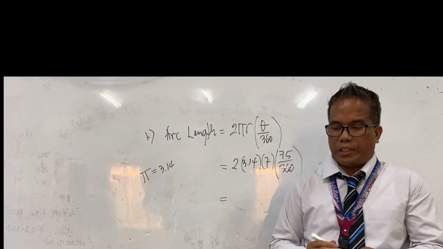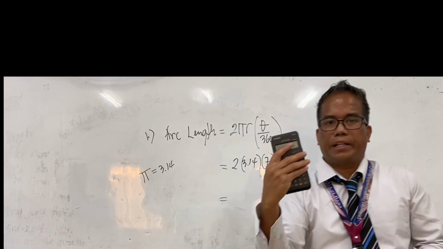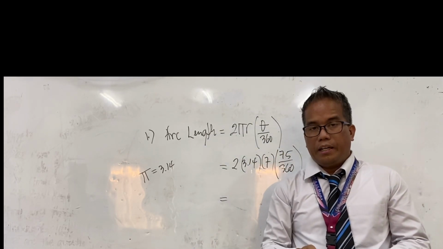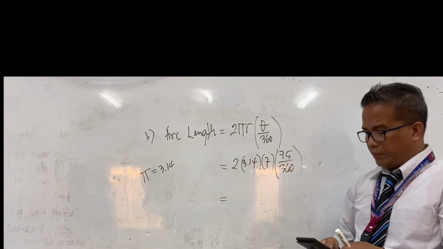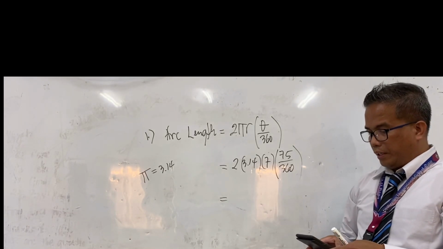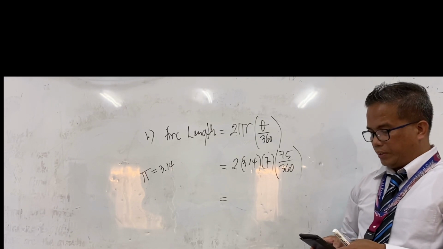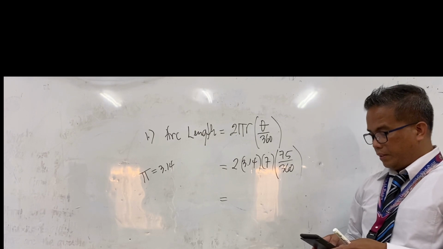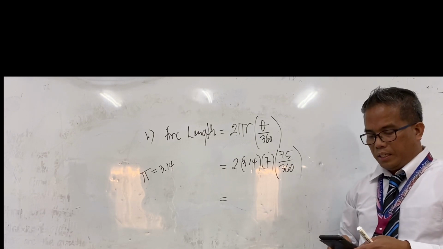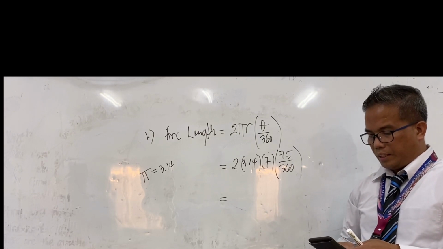You can use your scientific calculator to find the answer. Let us enter the numbers: 2 times 3.14 times 7 times 75, divided by 360.